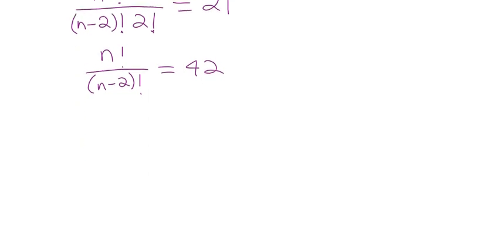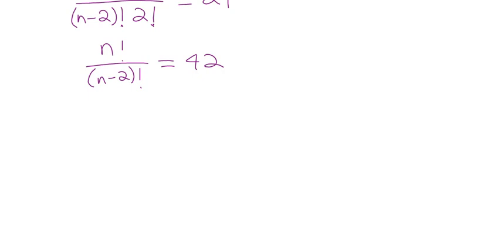What do we expand? The n factorial or the n minus 2 factorial? Start with the bigger one, right? Which one's larger? Because a factorial always goes large down to small. Okay, so I'm going to expand the n factorial, so I'm going to just put the n minus 2 factorial on the bottom, and I'm going to start expanding.